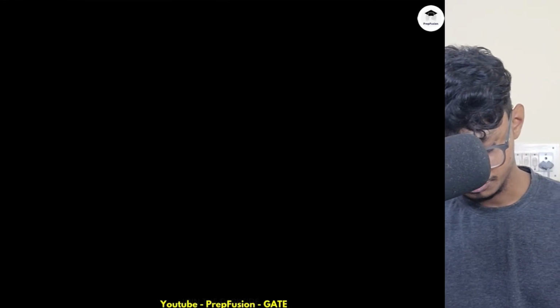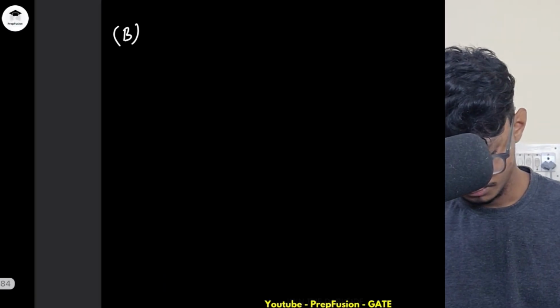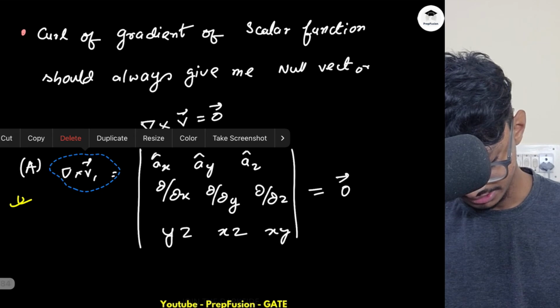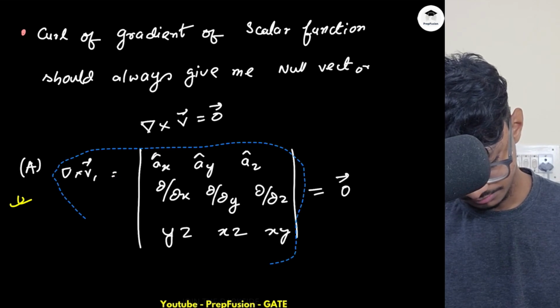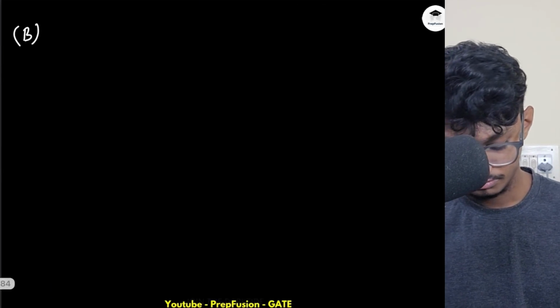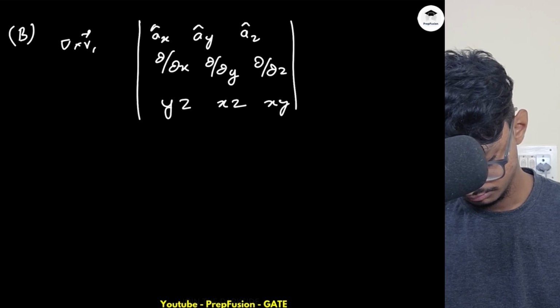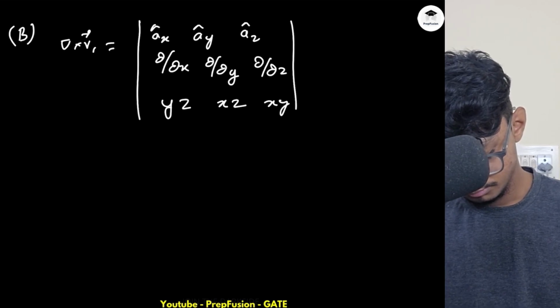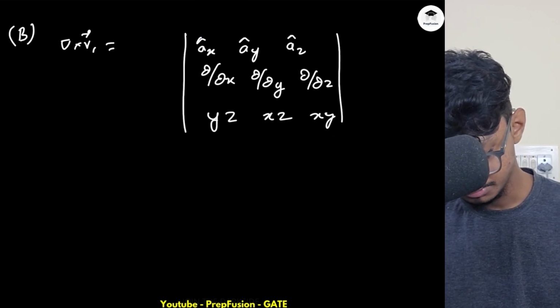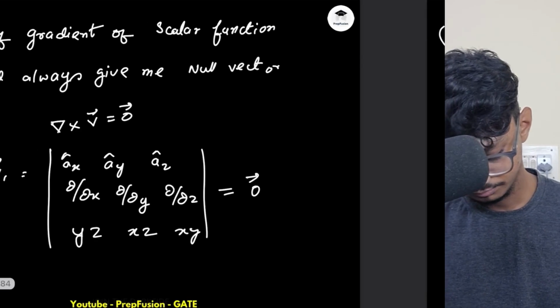Let's check option B. Option B is interesting. Why is it interesting? I will just explain. Here it is in some other coordinates.